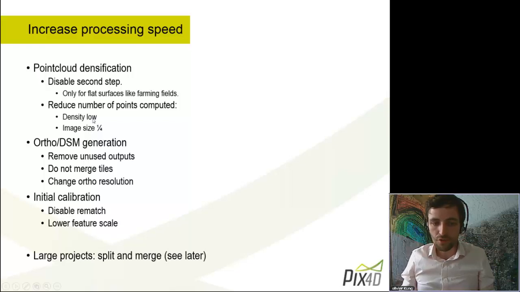If you do these two things together, the point cloud will be produced at least 10 times faster than if you put the settings to optimal. And in many cases, the impact in terms of accuracy will not be significant. And this can save you a lot of processing time.